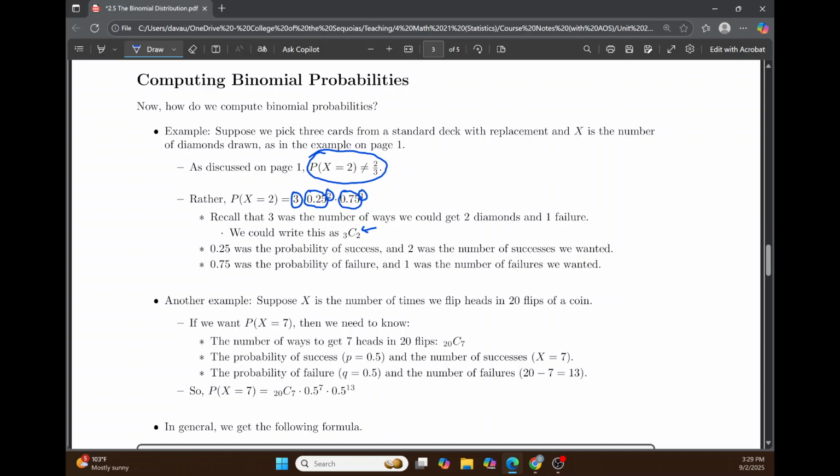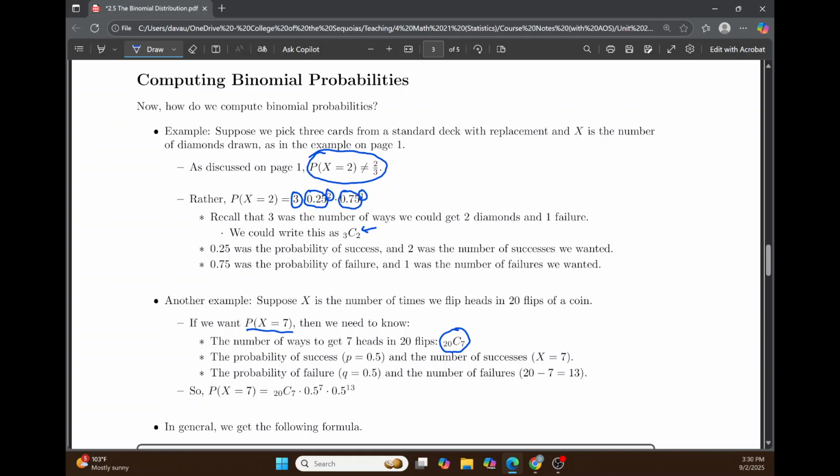So here's another example. Suppose that X is the number of times we flip heads in 20 flips of a coin. If we want the probability that X equals 7, in other words, if we want to find the probability that in 20 flips we get exactly 7 heads, then here's what we need to know. First of all, we need to know the number of ways to get 7 heads in 20 flips, and that's going to be 20 choose 7.